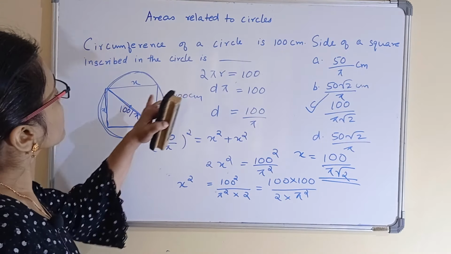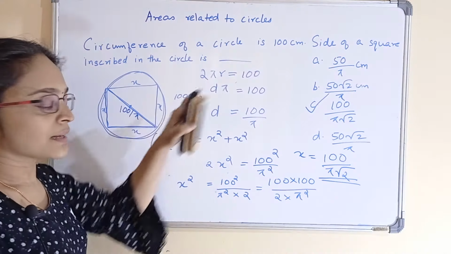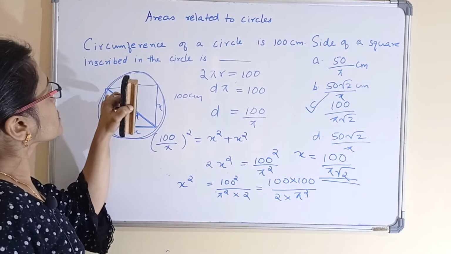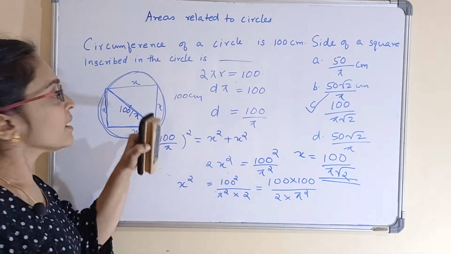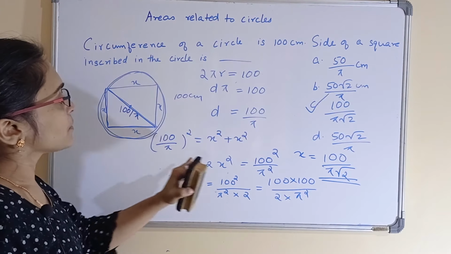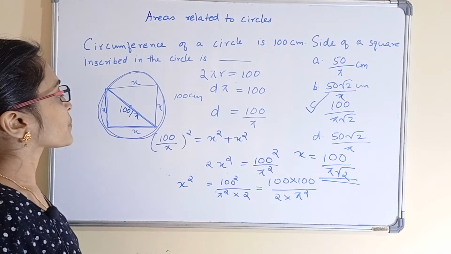What we have done is, we know the circumference of the circle is 100 centimeter and the square is inscribed inside the circle, which means the diagonal of the square and the diameter of the circle are equal. So from that diameter we can find d equal to 100 by pi.